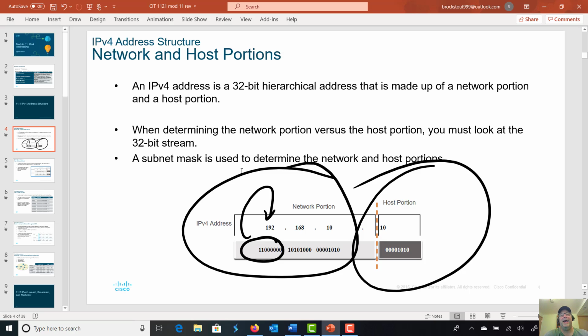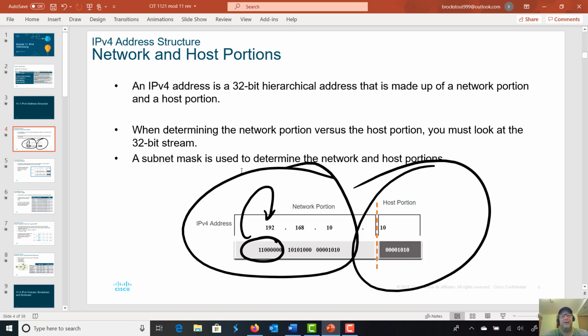What? And wait, it gets better. Depending on this other value that we use, the subnet mask, when applied, a single IP address could be in different networks, based on the subnet mask, which is going to define how many of the 32 bits are going to be used for the network size. Obviously, the more bits that are used for network, the larger number of networks you could create.